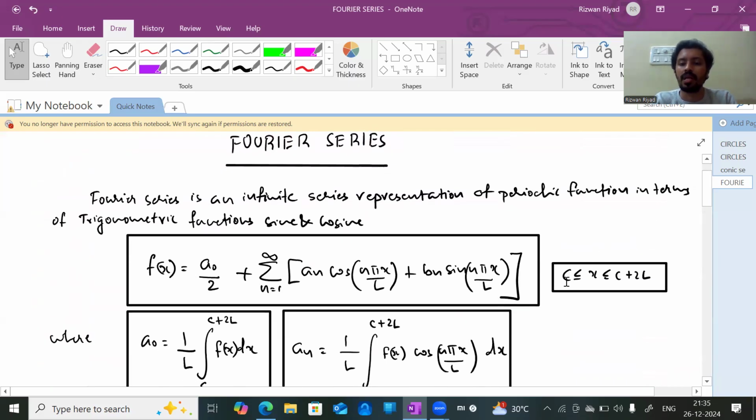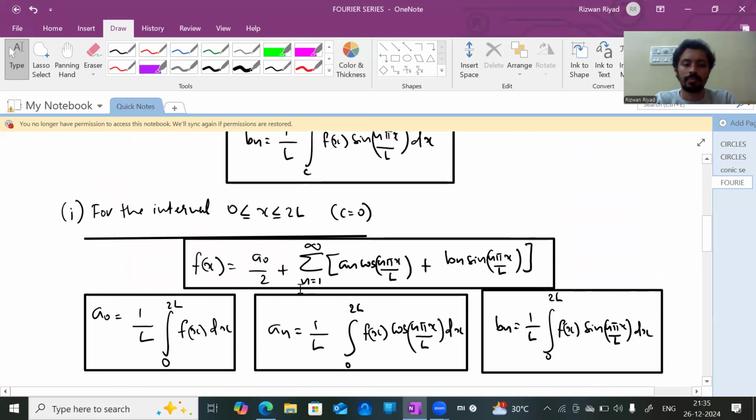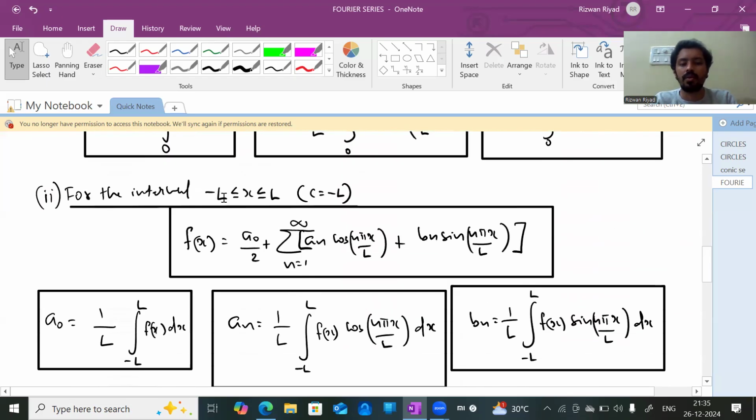This becomes minus L, and this becomes minus L plus 2L, becomes L only. So that's why minus L less than or equal to x less than or equal to L. The same interval you can see here. That means c becomes minus L. So f of x is same only because we are changing only this c. We are putting a value for c.